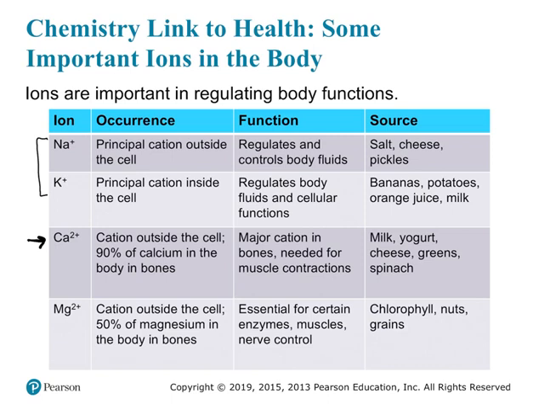So you can find calcium in milk, yogurt, cheese, a lot of dairy products. And then magnesium is really important as well in bones, but also it's found outside of cells, and it's essential for our muscles and nerve control. And so magnesium ions you can find in nuts and grains.